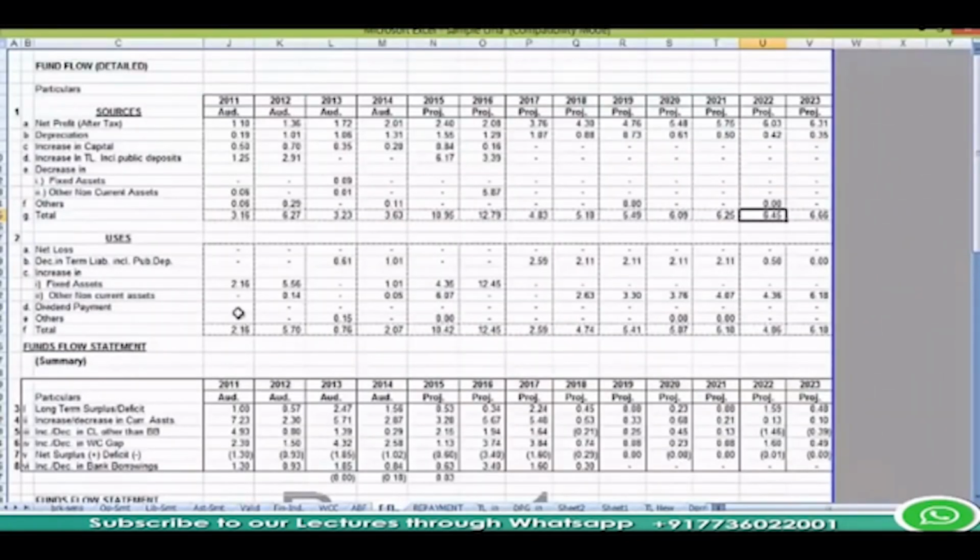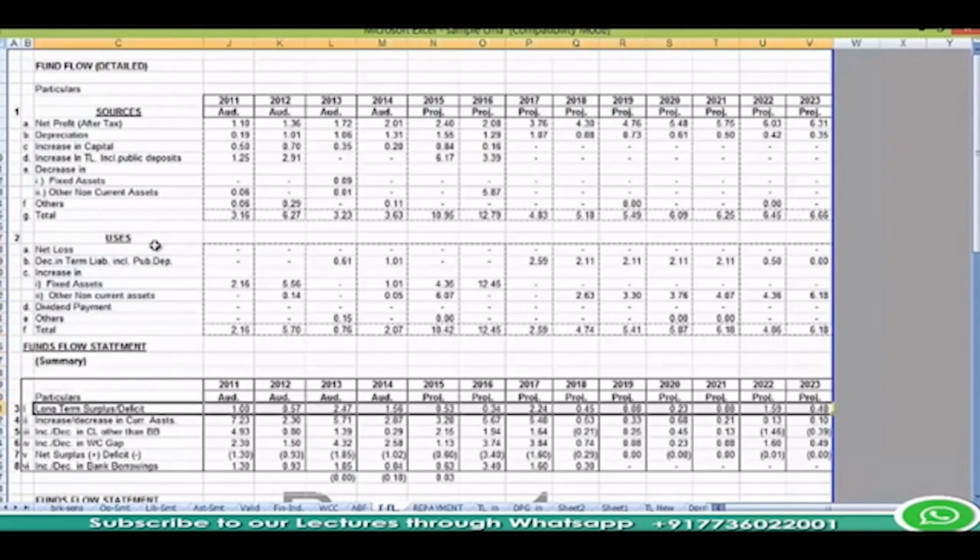This statement would list out all the sources of funds, and when we say sources, all long term sources, and it will also list all the uses. I mean, what are the long term uses? Sources and uses will be shown separately. Then at the end of it, it would give what is the surplus or deficit out of all these sources.